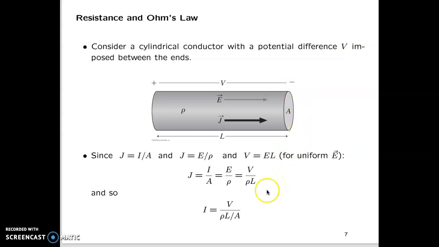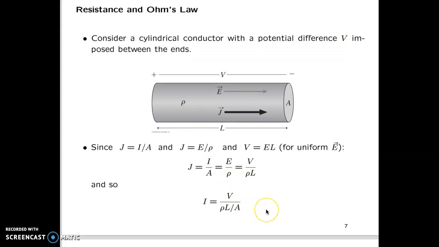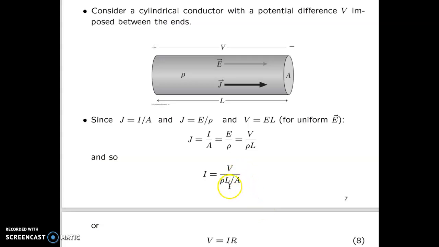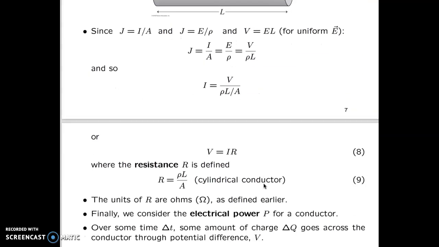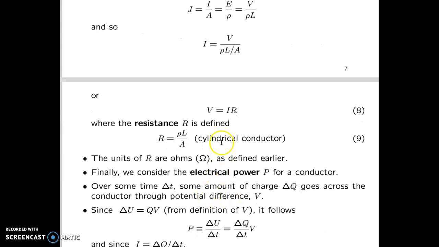Okay, so if you play around with this equation and solve for I, what you're going to find is that I is equal to V divided by rho L divided by A. And one way of thinking about this is that you could say that V is proportional to I. And the proportionality will be this quantity here, rho L divided by A. If I just bring that to the other side of this equation, then I'll get V is proportional to I. The proportionality constant we call R. R is the resistance.